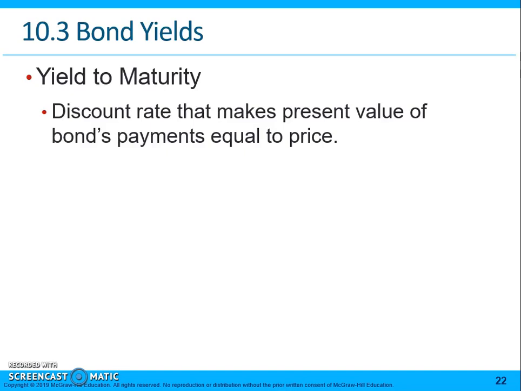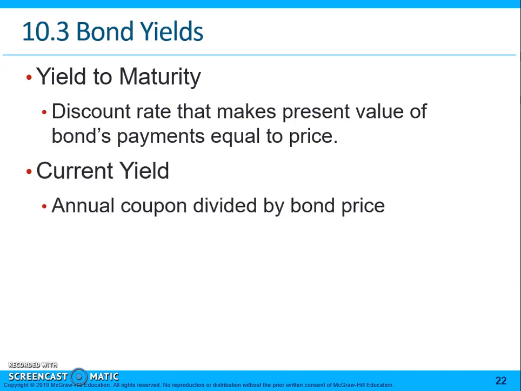So, bond yields. Yield to maturity is the discount rate that makes the present value of the bond's payments equal to the price. The current yield is annual coupon divided by bond price. The one thing to note about current yield is it's always going to fall between the yield to maturity and the coupon rate.